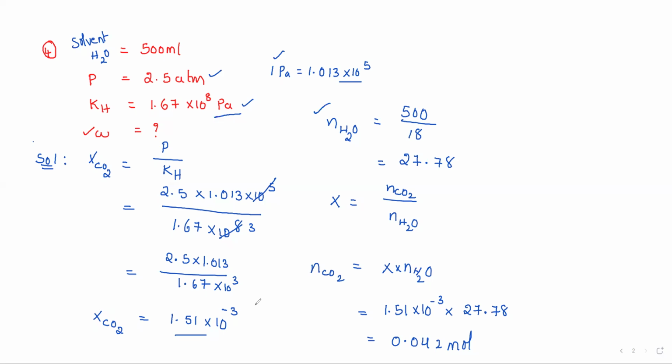Then, according to the formula, mole fraction, number of moles of carbon dioxide equals X into n H2O. You can substitute, and we get the quantity he is asking.